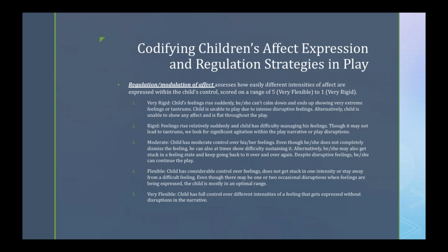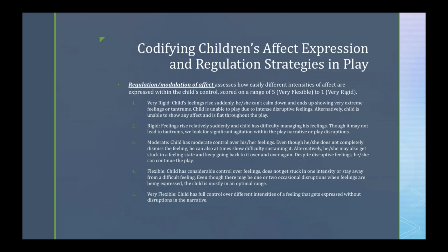Then after the child shows intense affect, is the child able to modulate the affect to return to equilibrium? For example, a child gets so angry that he starts hitting the therapist and is unable to calm down unless he leaves the room. This is a child who can't modulate his anger.